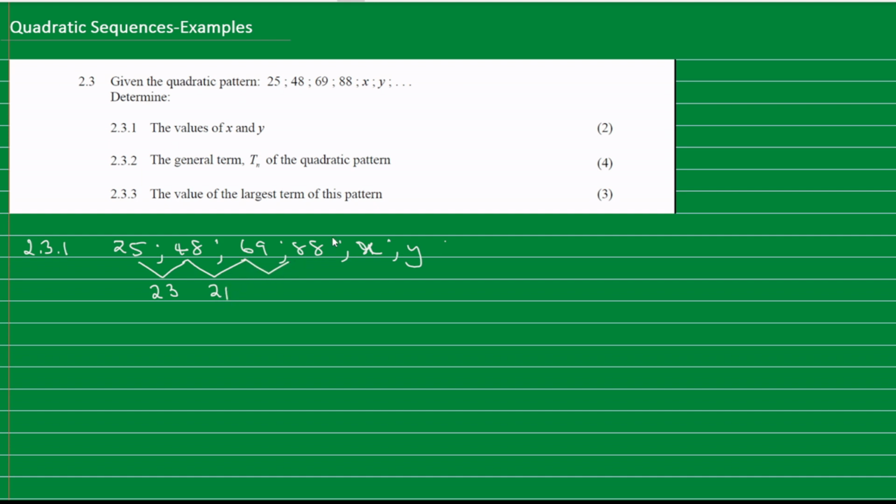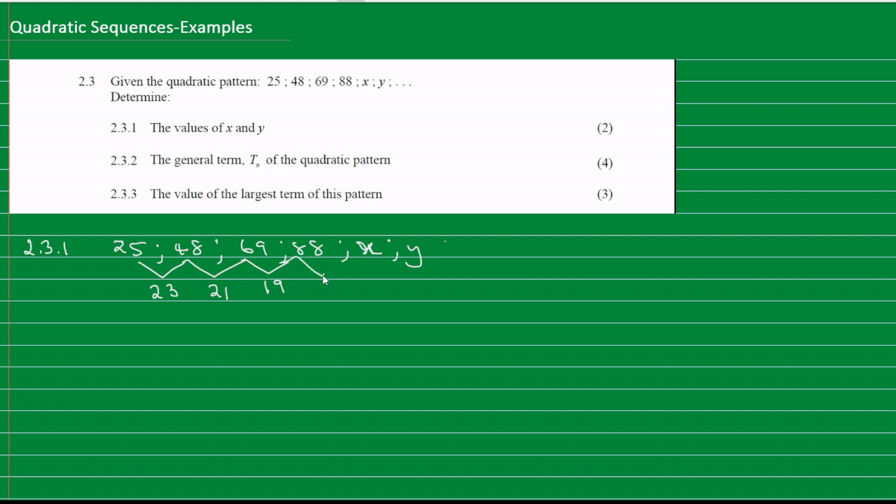Let's subtract again. 88 subtract 69, we are going to get 19.